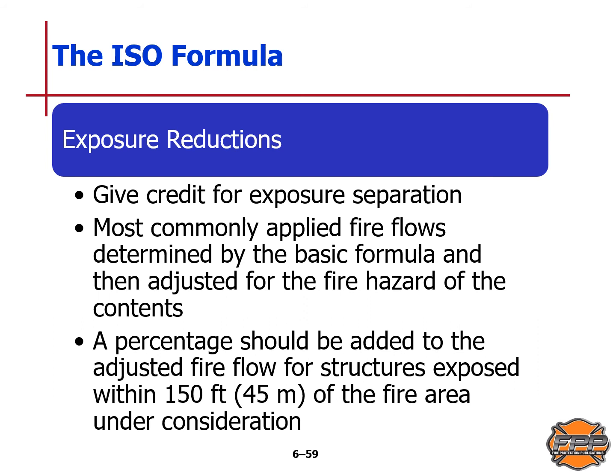So if it's beyond 150 feet or 45 meters, you're going to give an adjustment towards less fire flow. If they're within 45 meters or 150 feet, you're going to add to the total amount that you're going to need for fire flow.